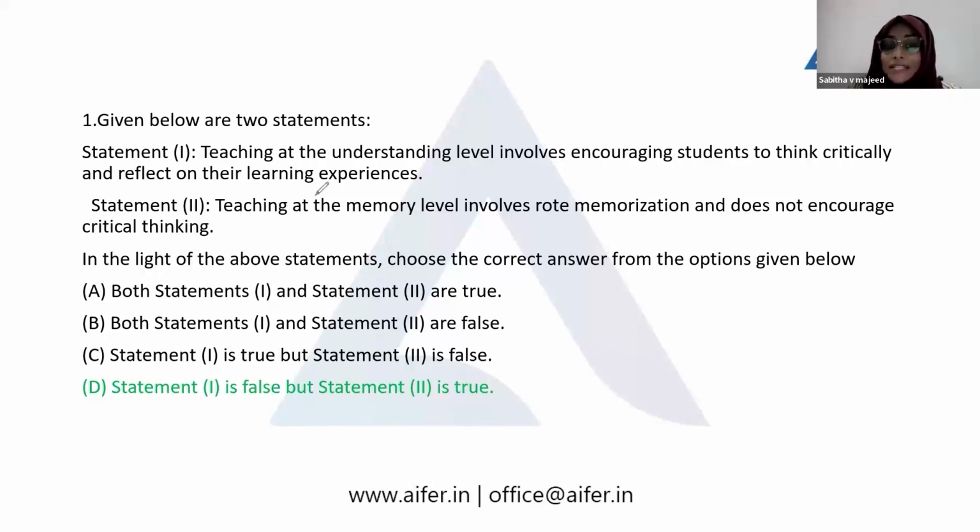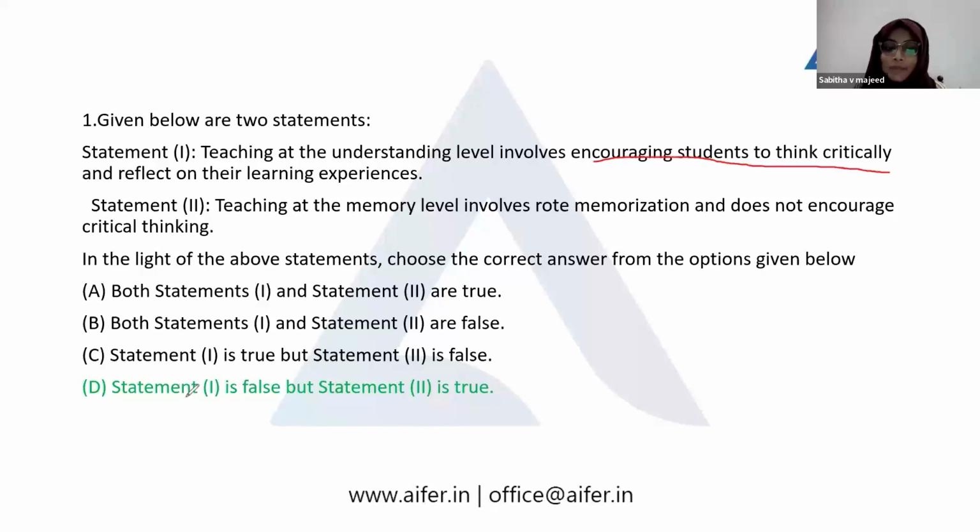It is not the understanding level, it is the reflective level that involves encouraging students to think critically. I have said that when you hear the term critical thinking, reasoning, you should connect these terms with the reflective level of teaching. Okay. Not understanding level of teaching.